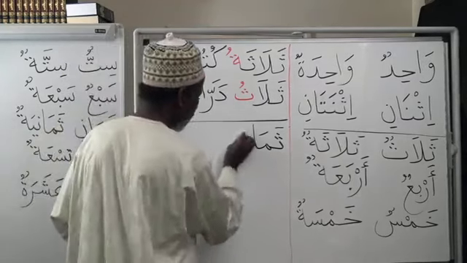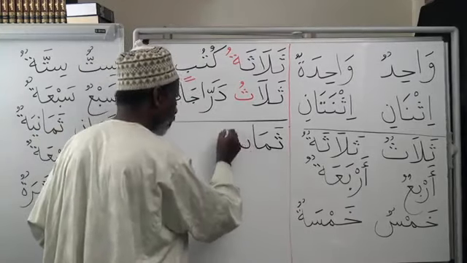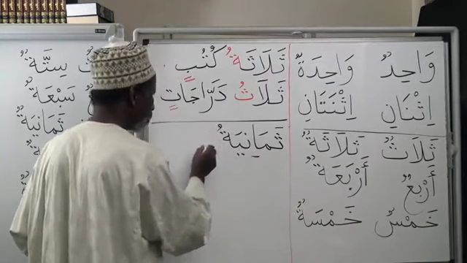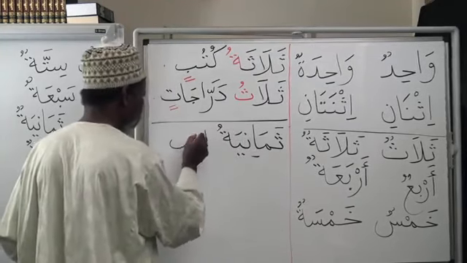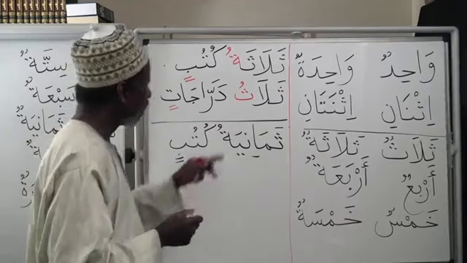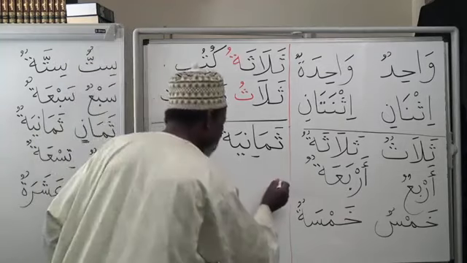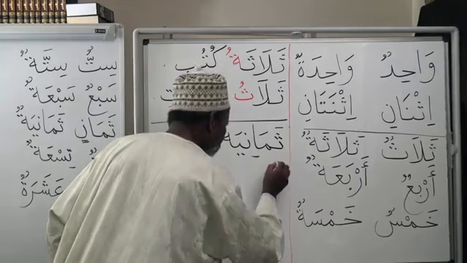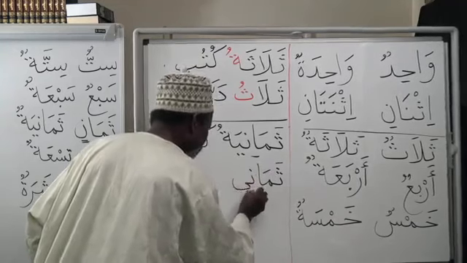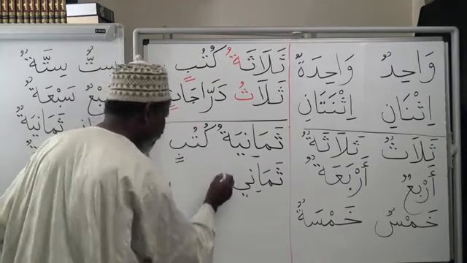So you will say Thamaniyatu, and then kutubin. Kutubin. What about counting 8 bikes? 8 bikes will be Thamani with the ya, Thamani, and then darajatin.